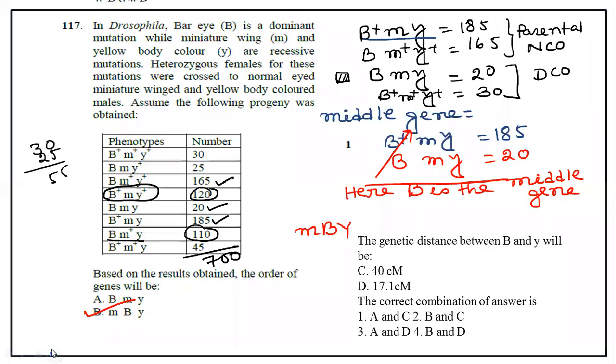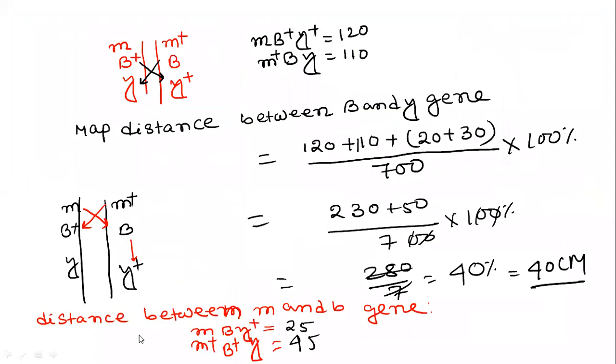So according to that you will get it. So M plus B plus, now we will add the DCO one, and then we will get the map distance between M and B gene, right?